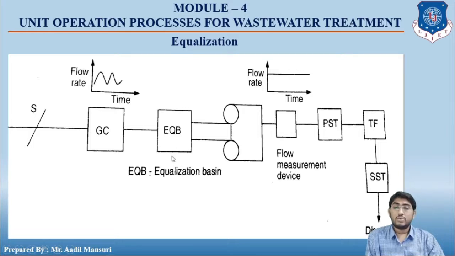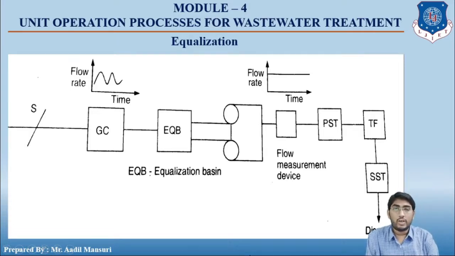So dear students, you can see that the first unit is the screen and then there is the grit chamber. Above the grit chamber there is a small graph which states flow rate versus time. We all know that throughout the day the flow of wastewater is not constant.